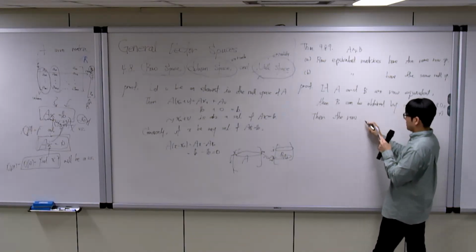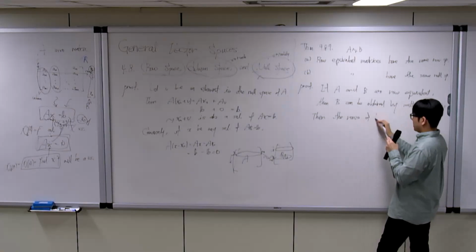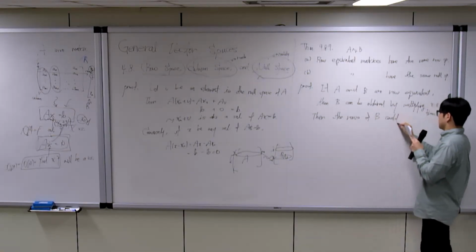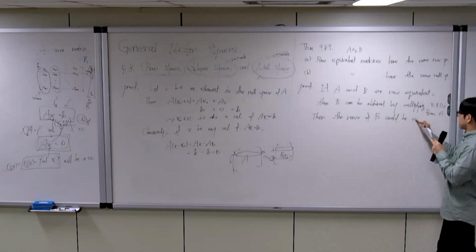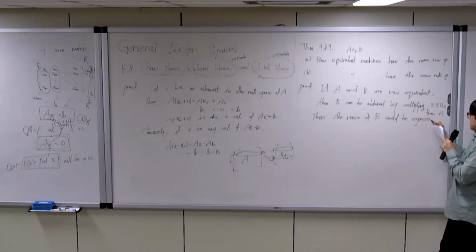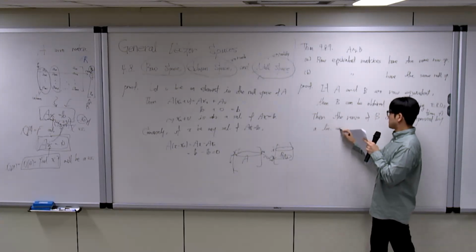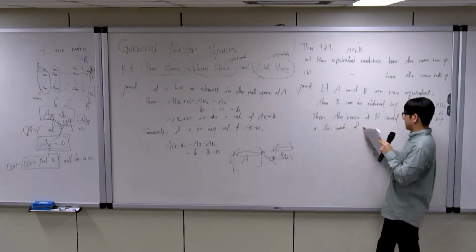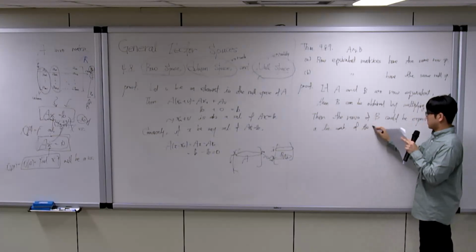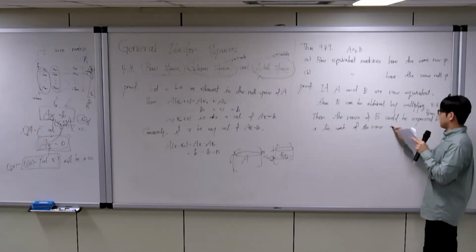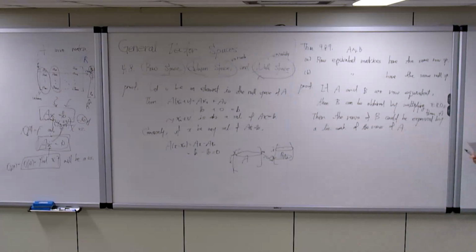I mean the rows of B could be expressed by a linear combination of the rows of A, because elementary row operations mean just making linear combinations.